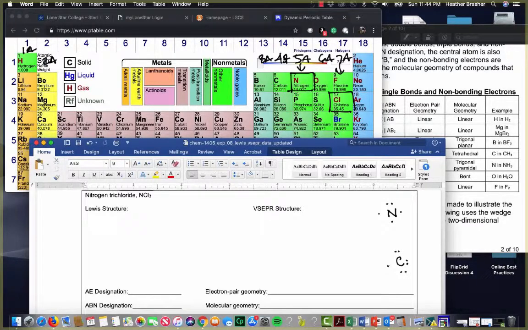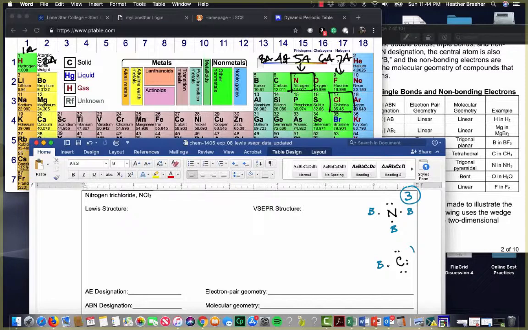If you look at this, you'll realize that nitrogen has the capability of bonding here, and here, and here. So there's 3 chances for it to bond. Chlorine can only bond here, so there's 1. So nitrogen would be our central atom because there's more capabilities of bonding.